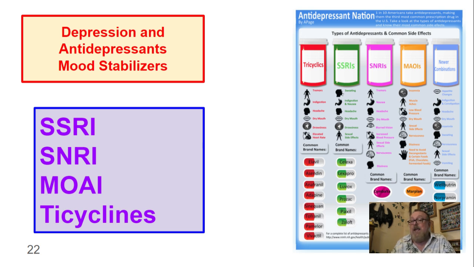There are several chemical treatments for depression and other mood disorders, including SSRIs. They are the very common selective serotonin reuptake inhibitors, and they are the most commonly prescribed antidepressants. SSRIs are often the go-to treatment for depression.